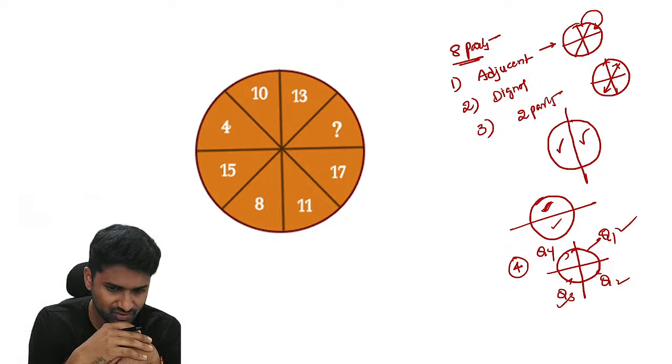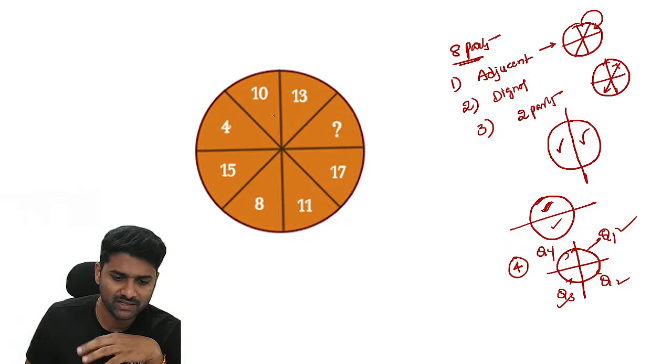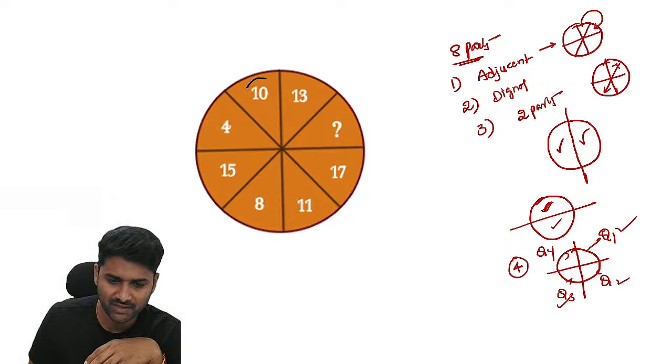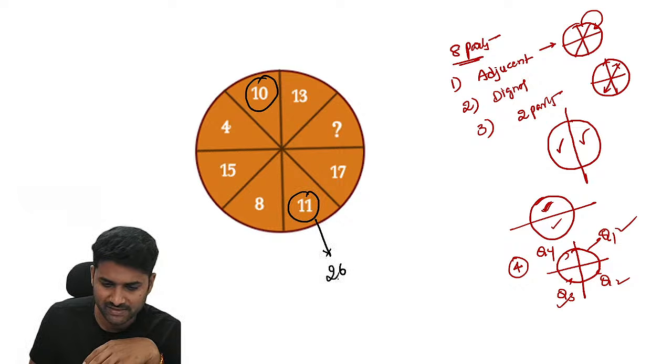So someone says 20. Now guys, it completely depends on the diagonal opposite. Diagonal opposite means 11 and 21. If you go through that, the 11 and 21 resultant is 26.